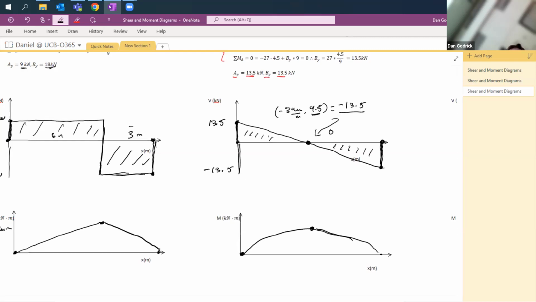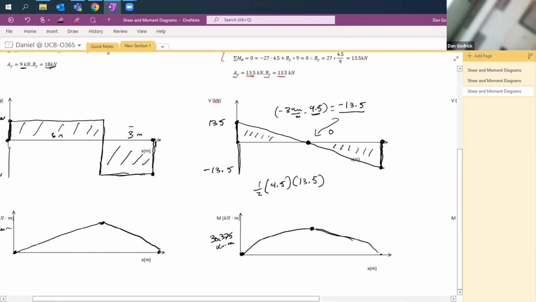The area of a triangle is 1/2 base, which is 4.5, times height, which is 13.5. So 4.5 times 13.5 divided by 2 is 30.375 kilonewton meters. All right, so that's how we can do this graphically, but does the math work?